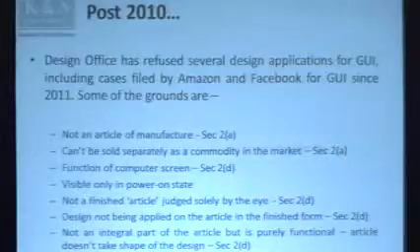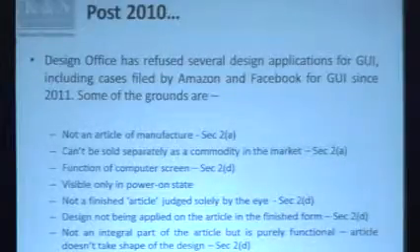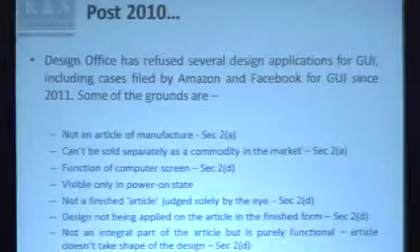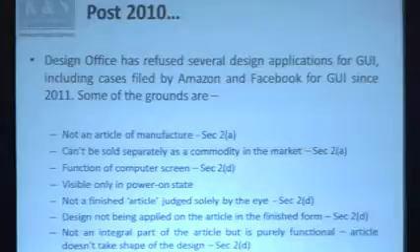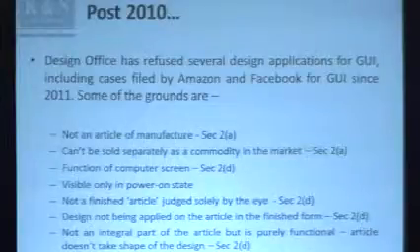Their viewpoint is that GUIs cannot be sold separately as a commodity. I could have a different view on that, but that's nonetheless their view on this issue. They're also talking about functionality. They say that though two-dimensional designs are protectable, GUIs and icons are purely functional in nature.